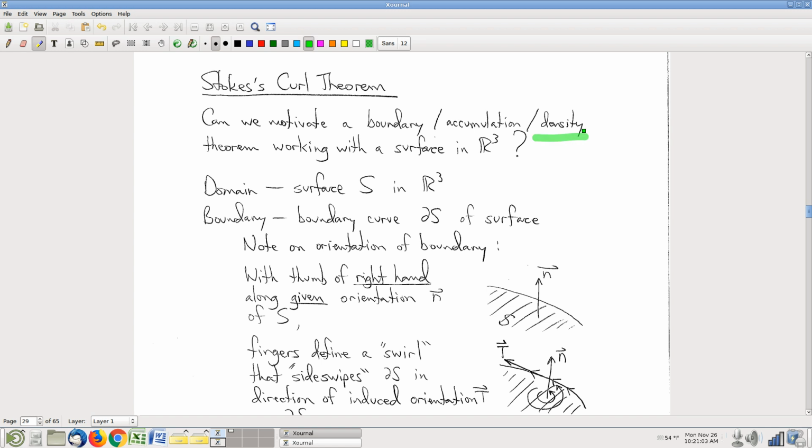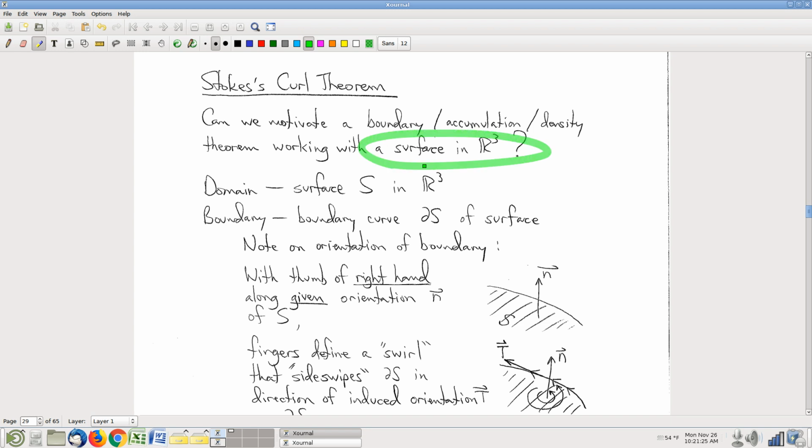And so all of these quantities result in a new, locally defined quantity, that is the associated density, right? So change density, circulation density, flux density, these kinds of things. Okay. All right. So can we do such a thing in this new context of surfaces in R3?